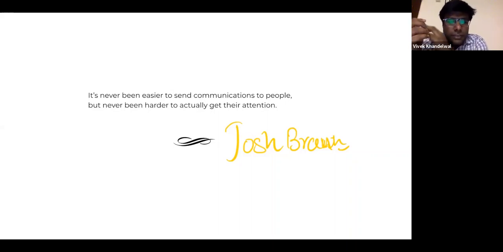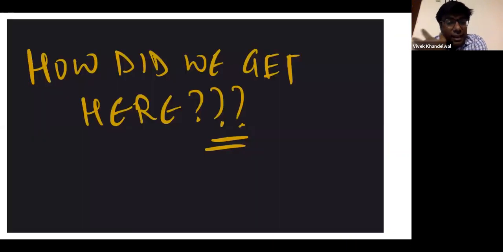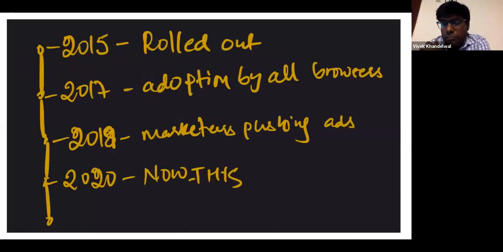Now, what really needs to be understood here is what has happened very specifically in the last 5 years, right? I remember Chrome had rolled out the push notification capability somewhere in April of 2015, right? That was when Chrome 42 came into existence. And that was the first time the web push notification API, as we use it today, came into existence, right? Since then, there was a massive adoption, which we saw.